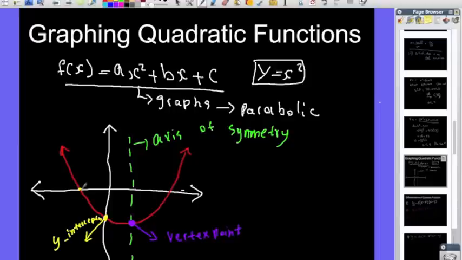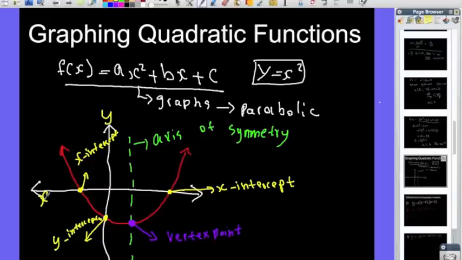And then we have here the x-intercept. We have two x-intercepts because the graph cuts the x-axis at 2 points. And pretty much that's it. And we know that this is y and this is x.